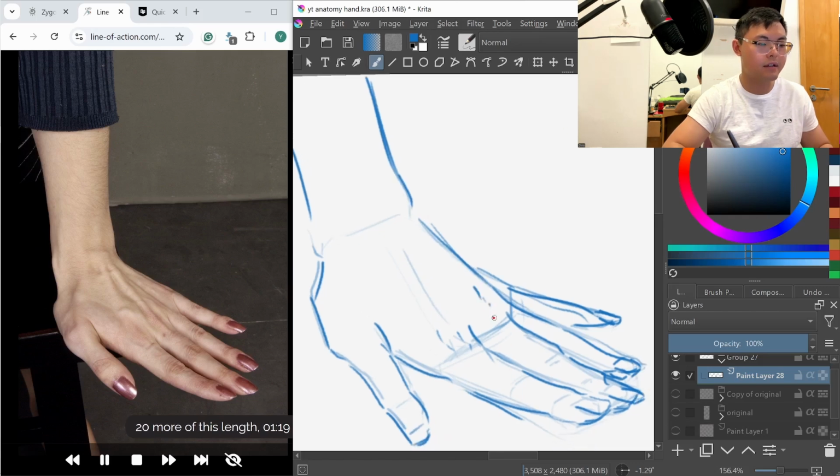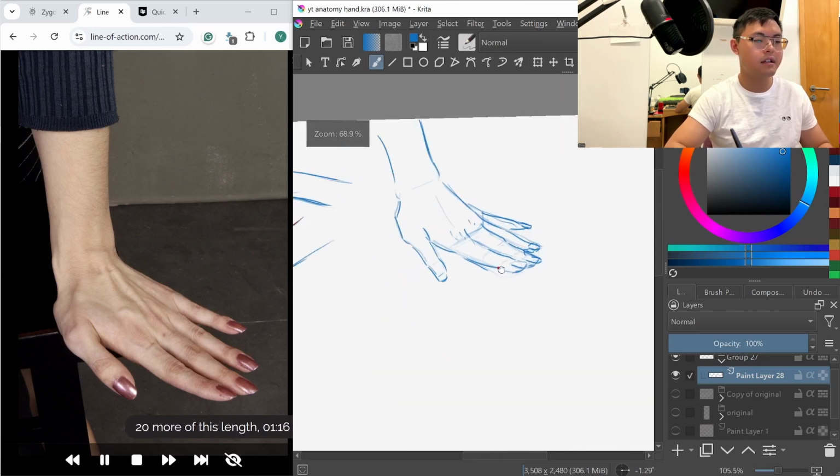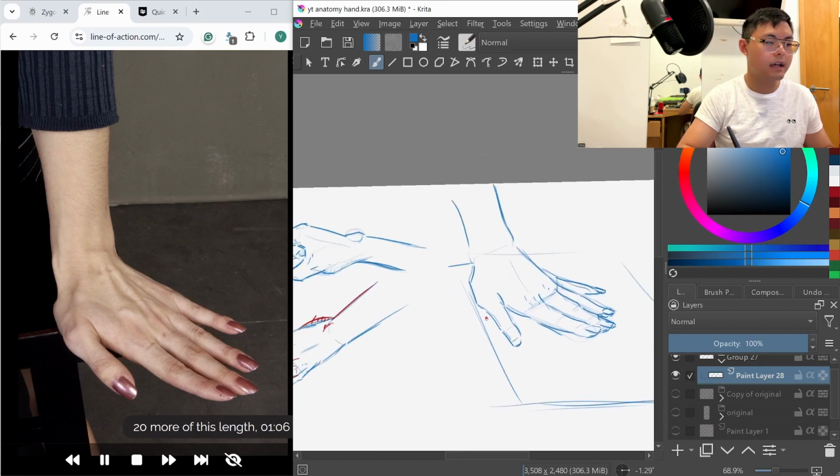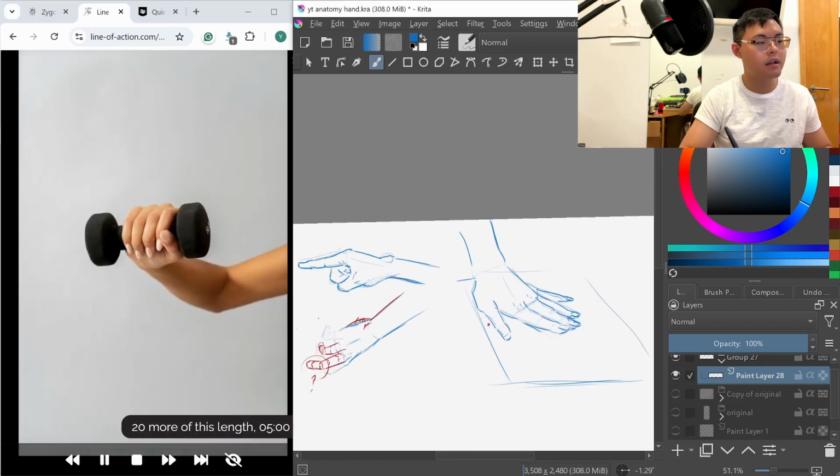Just rub it like that. That's good. I think that's okay. You can add the details if you want. Like that. Nice. Next one.